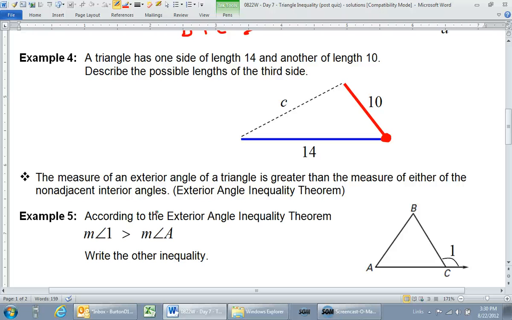Scott? 23. Okay. Brian? You have a different number? 25. Okay. 13. Okay, anybody want to justify their answer for me?